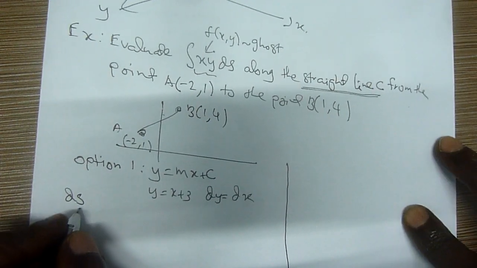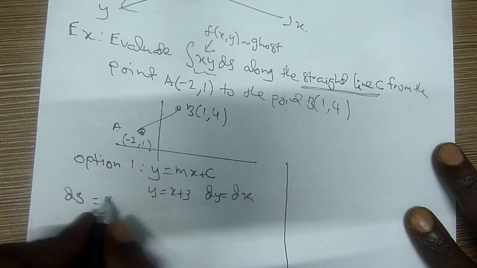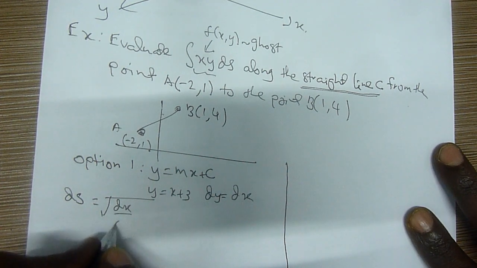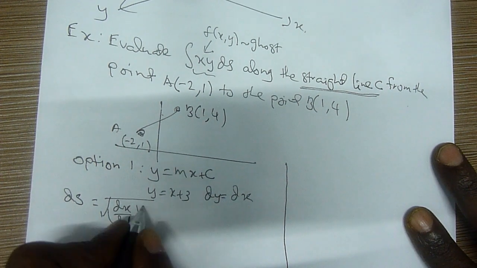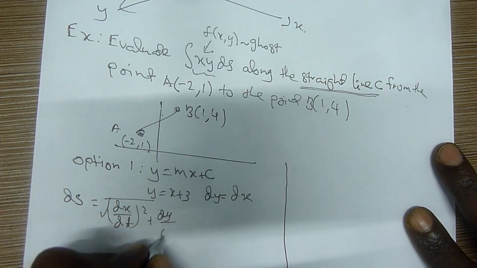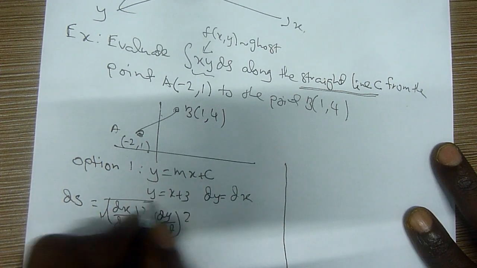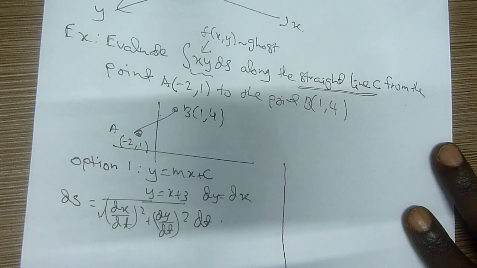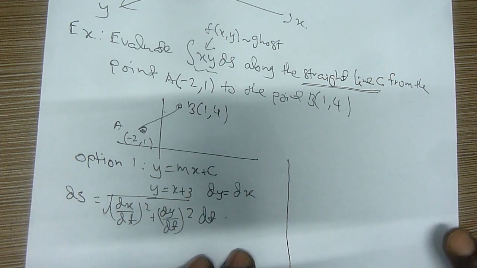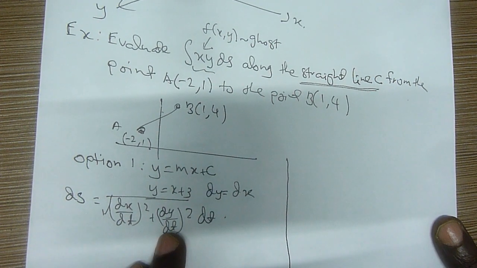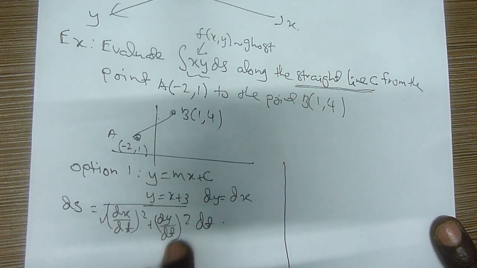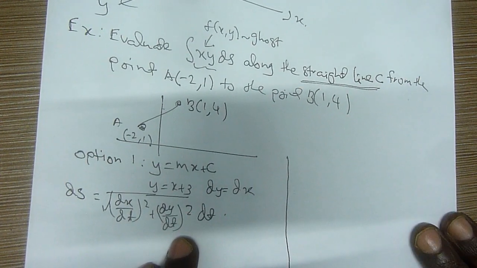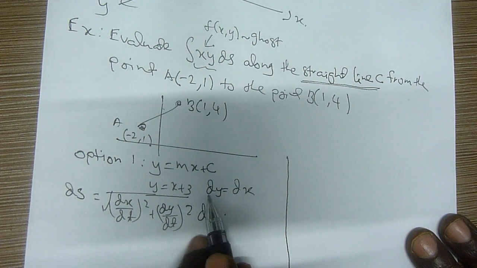The calculation of ds is straightforward. It is the square root of dx by dt squared plus dy by dt squared. How do I know this is dt based? Or you can use the parametric form. Later I'll show you how to use the parametric here, but I prefer to use dy/dx.